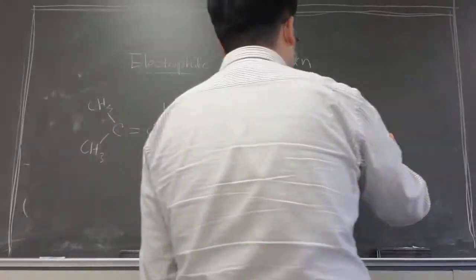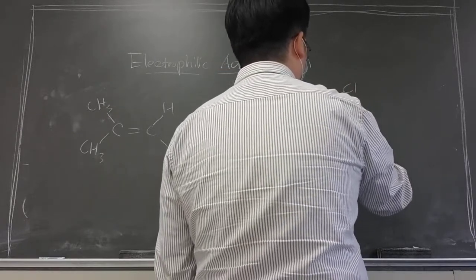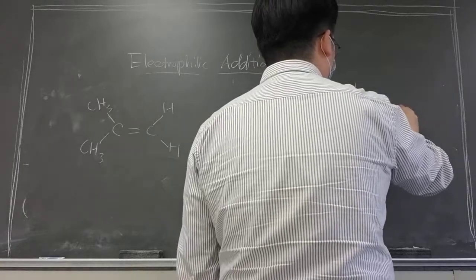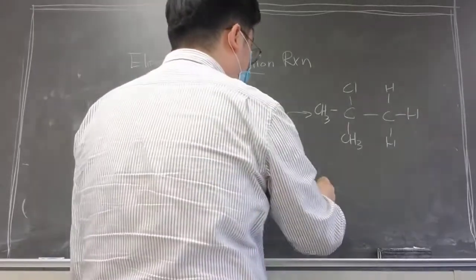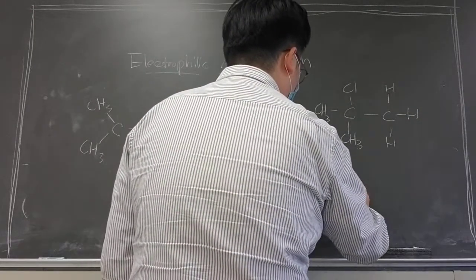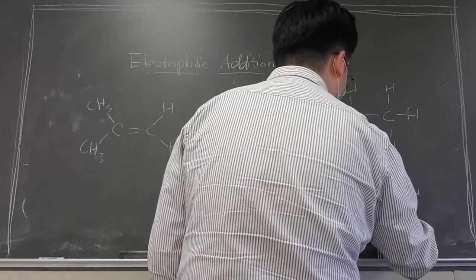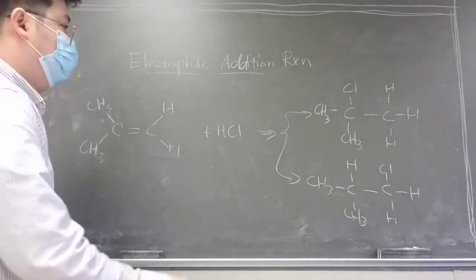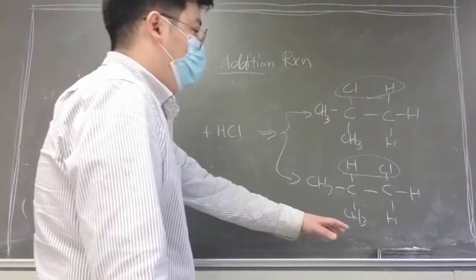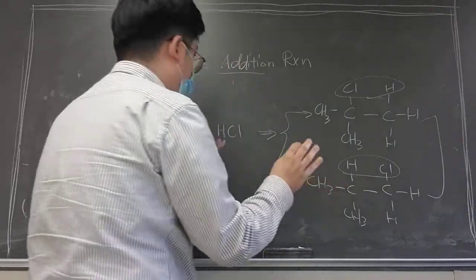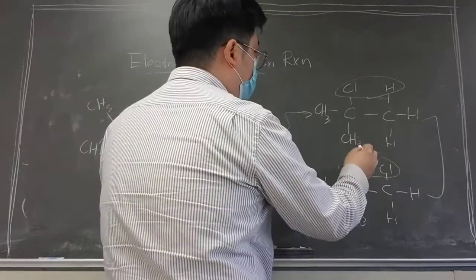This one is the same as we did for the hydrochloric acid here, and another one is this one. So you have two possible additions, on this position and this position. These are the two possible products you can predict from this electrophilic addition reaction.